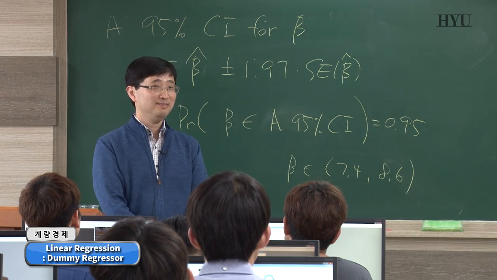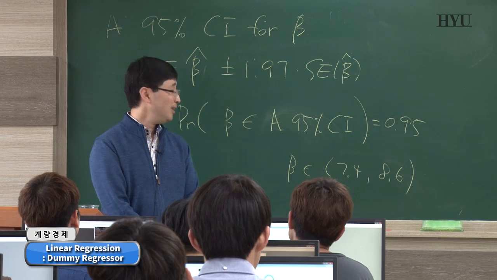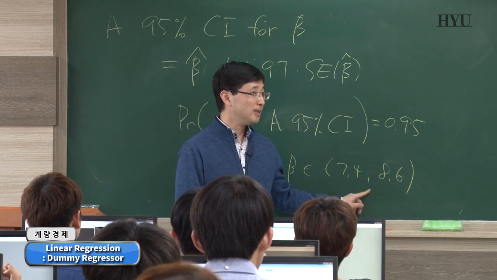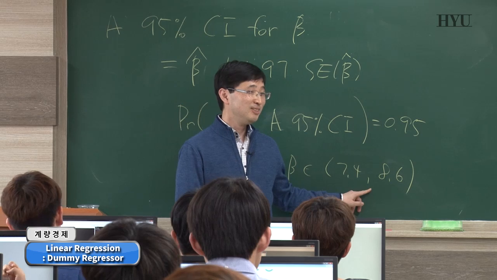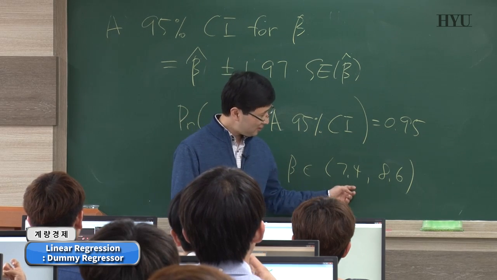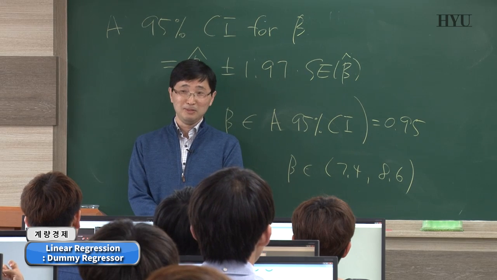So that's wrong. So why is it so? Because this is a number, and this is a fixed, given interval. So there's no 95% probability that this number is included in this interval. It's either in or out. Do you see the point?